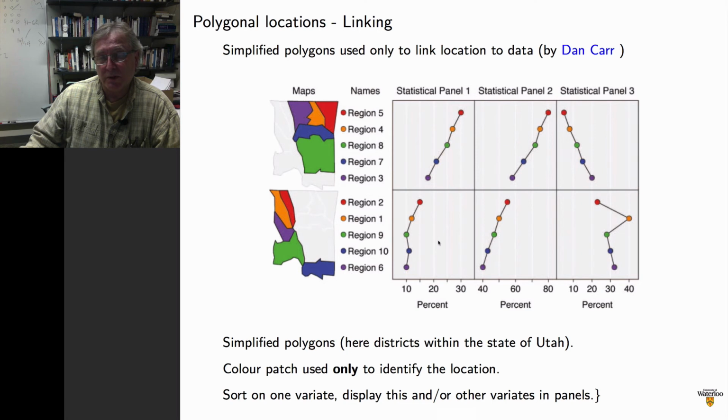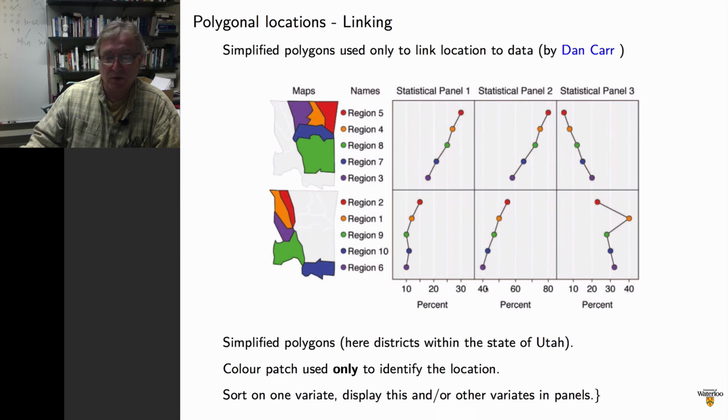Now, what's suggested is that you put the statistical data in a proper statistical graphic. So you have some measurement here, say percent of some variable, and you order the regions by one of these variables.